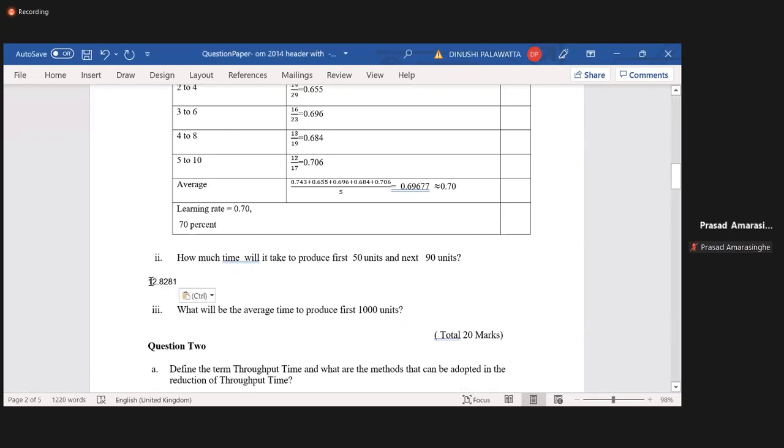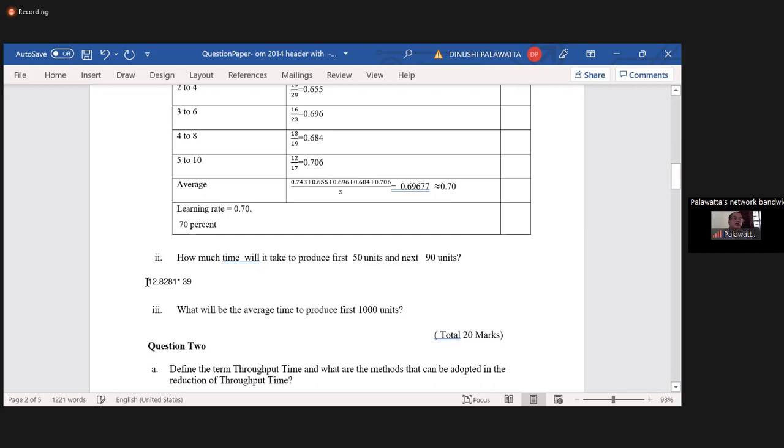Then, first 50 units takes 12.8281. So multiply this by, here in this example, first unit takes 39 minutes.